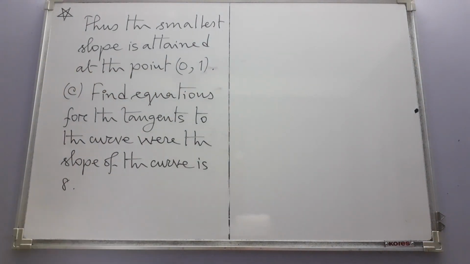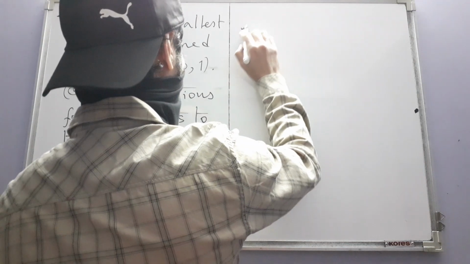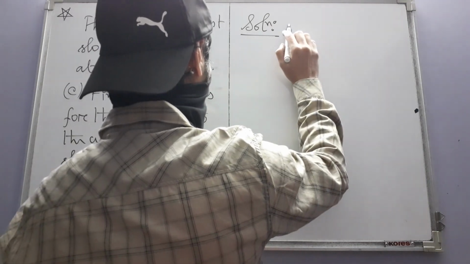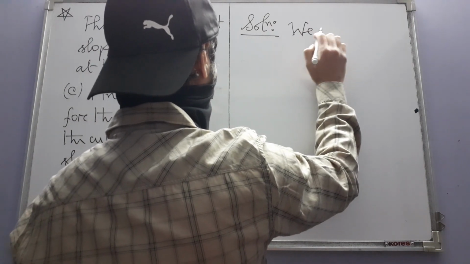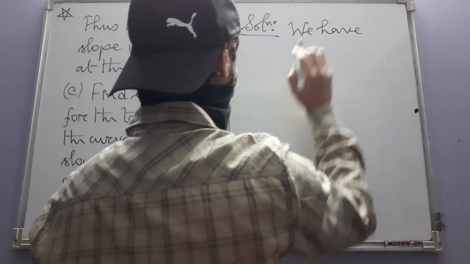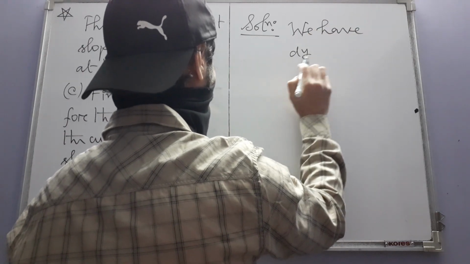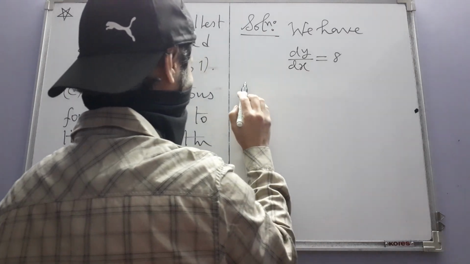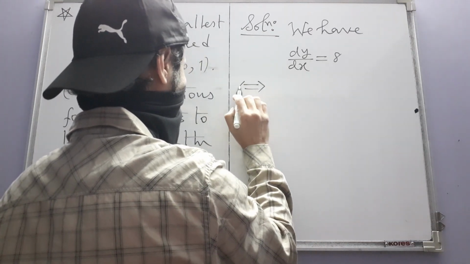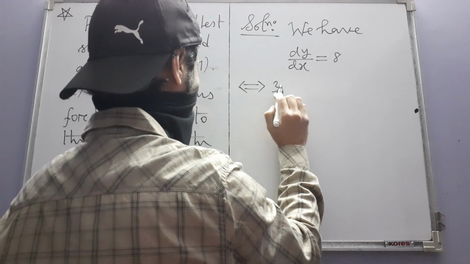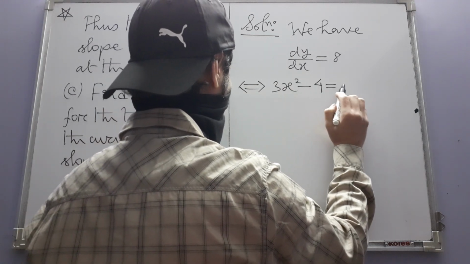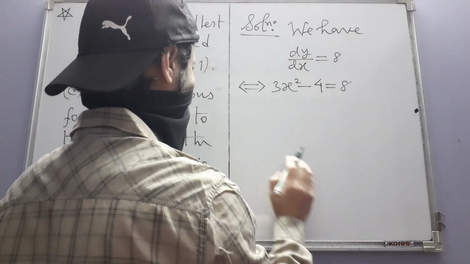So now our slope value should be 8. We have dy/dx equal to 8 if and only if 3x squared minus 4 equal to 8.